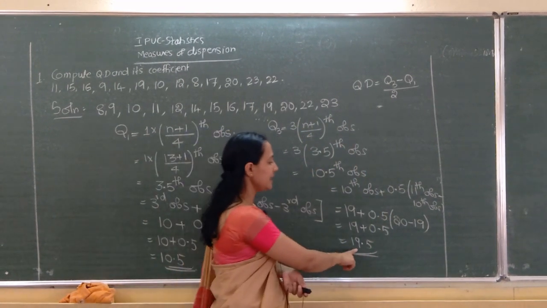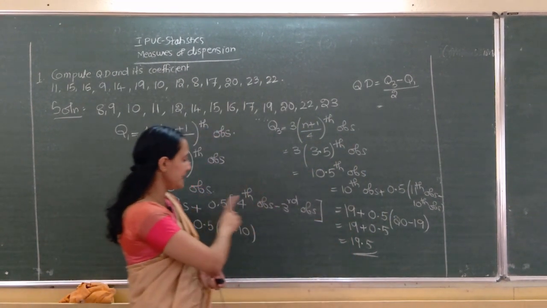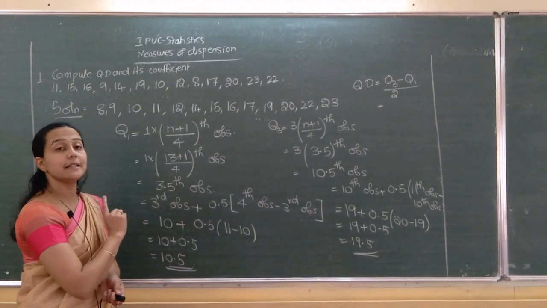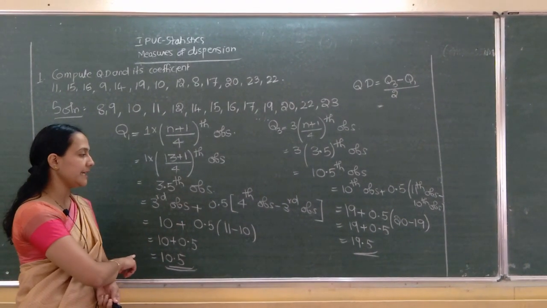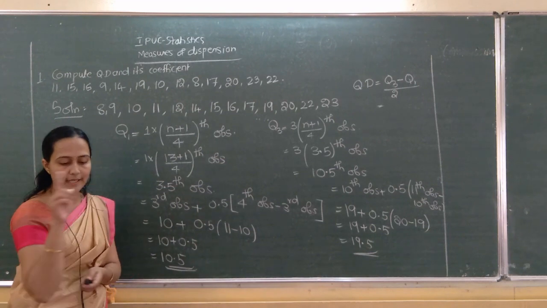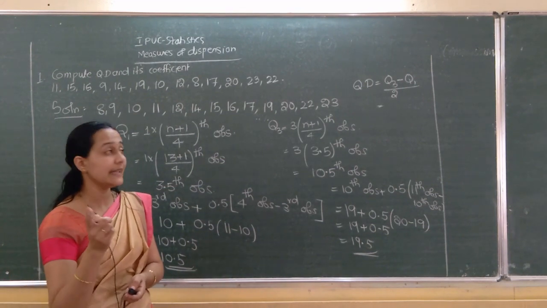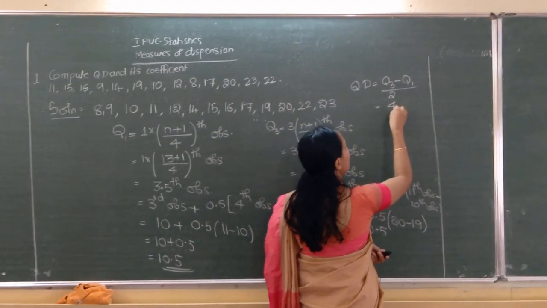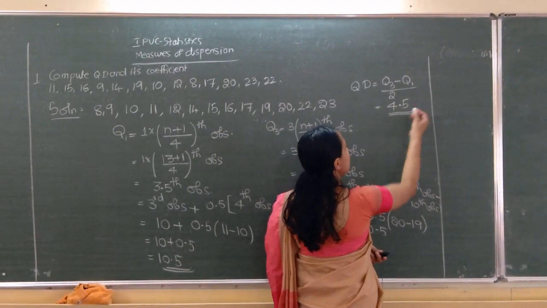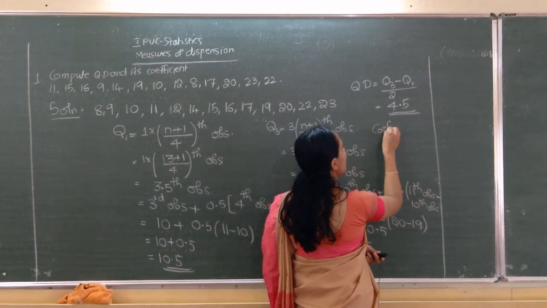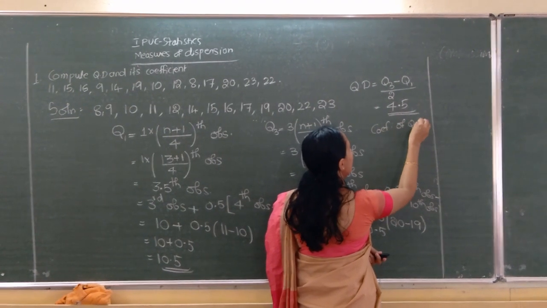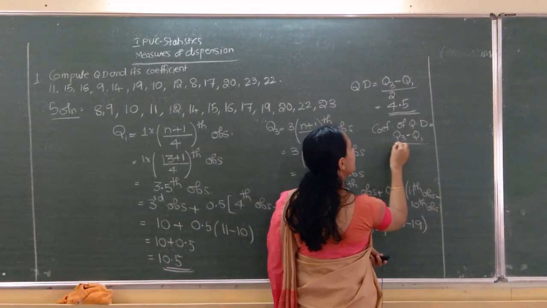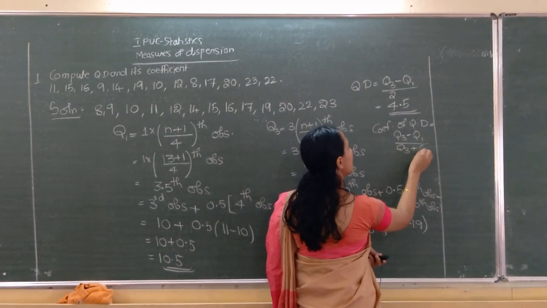Q3 is 19.5 minus Q1 is 10.5, divided by 2. 19.5 minus 10.5, answer will be 9. Correct na? 9 divided by 2 is 4.5.